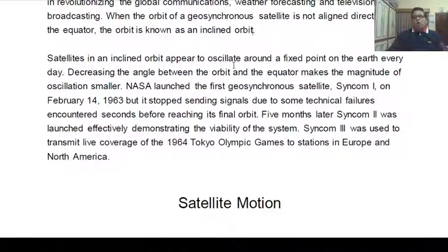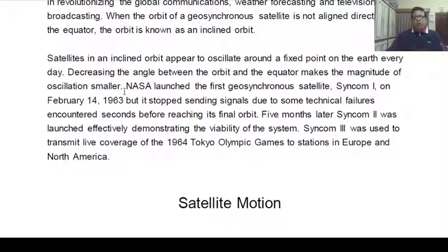Satellites in an inclined orbit appear to oscillate around a fixed point on the Earth every day. Decreasing the angle between the orbit and the equator makes the magnitude of the oscillation smaller.